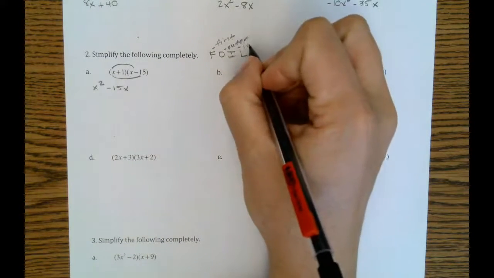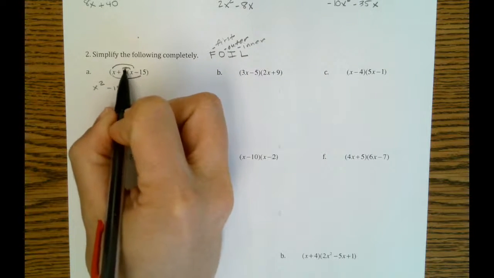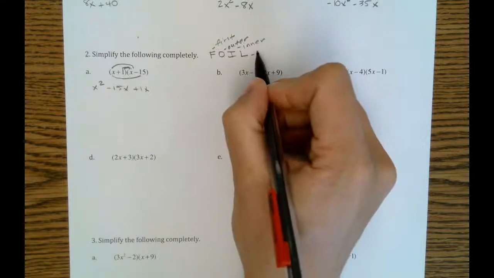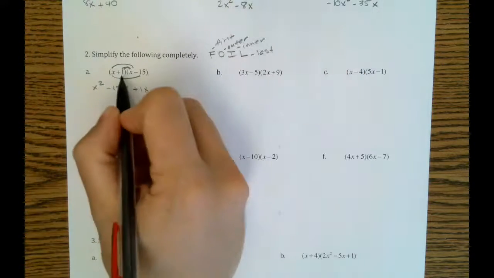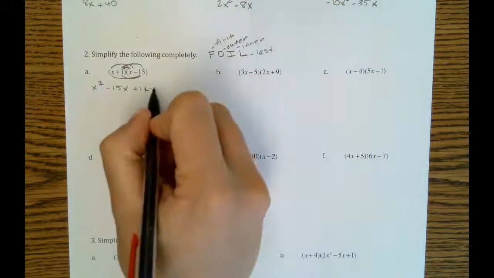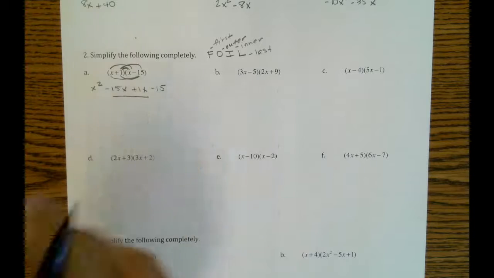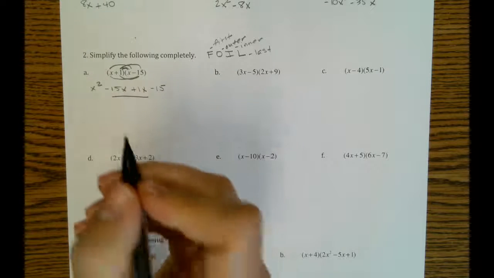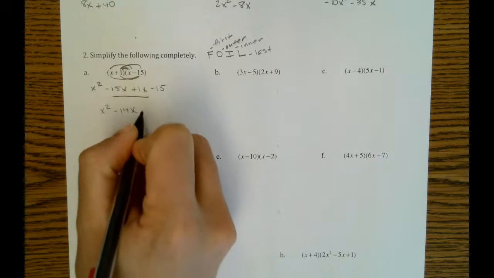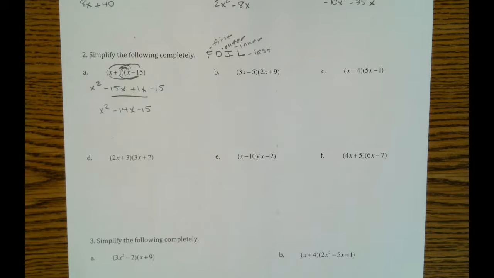I stands for inner, 1 times x. And then L stands for last, 1 times negative 15 is negative 15. These middle terms, negative 15x and 1x, are like terms, so we can combine those to get negative 14x. And we still keep our minus 15.